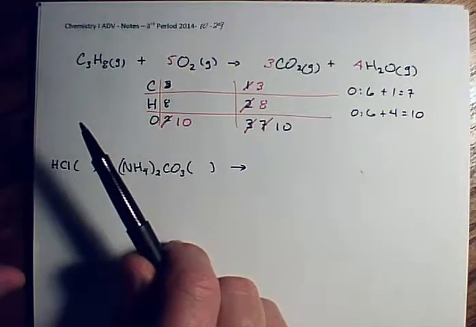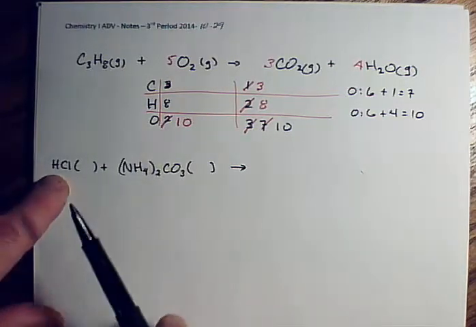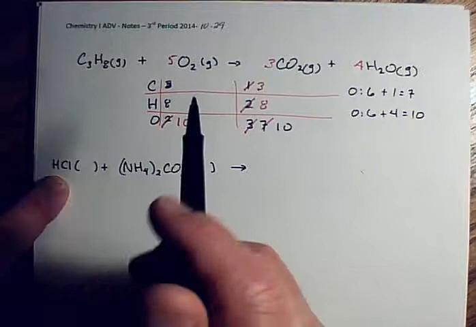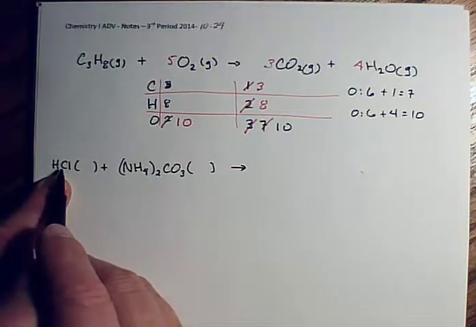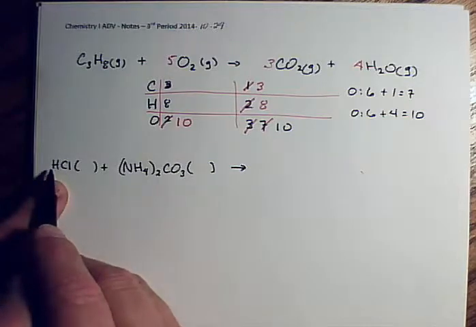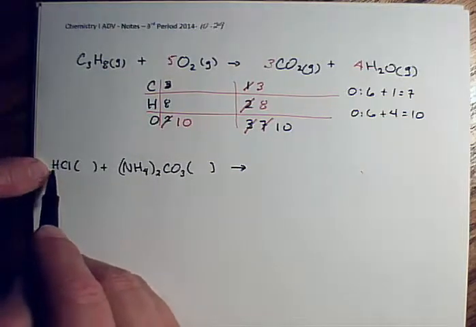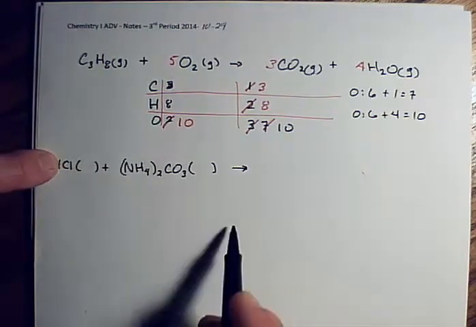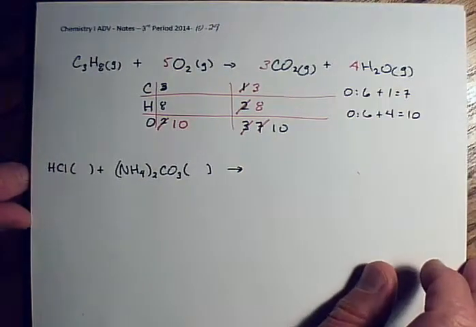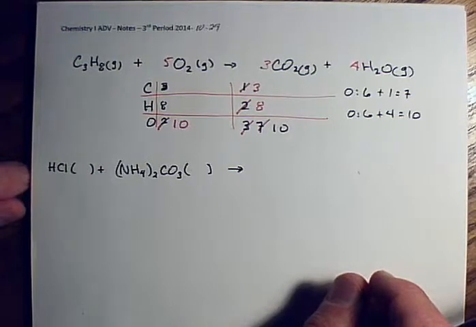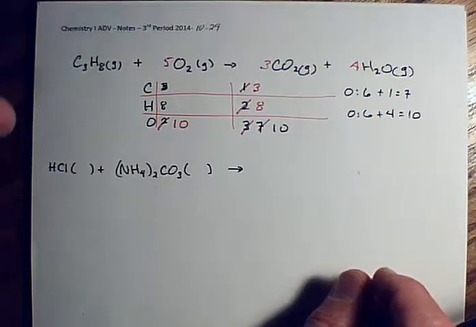So the HCl equation doesn't have a charge overall because this has a positive charge and this has a negative charge, and they cancel each other out. If you split them up, each has its own charge. When you put a polyatomic ion together, it has its own charge.